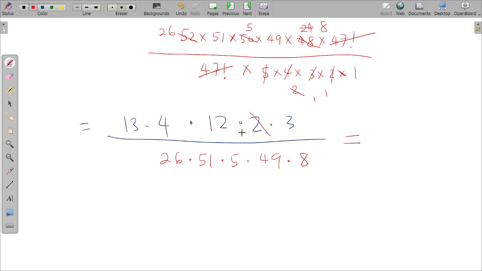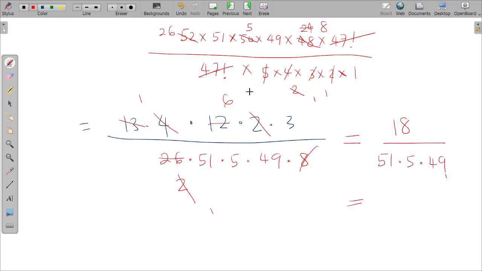Of course, 13 goes into 13 once and into 26 twice. So we have 18 all over 51 times 5 times 49, and you can press your calculator for that.